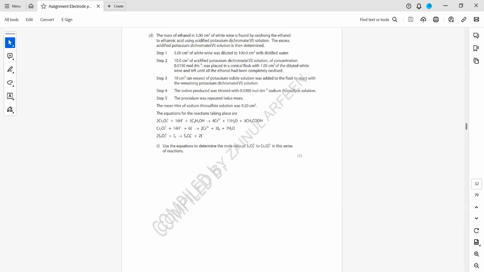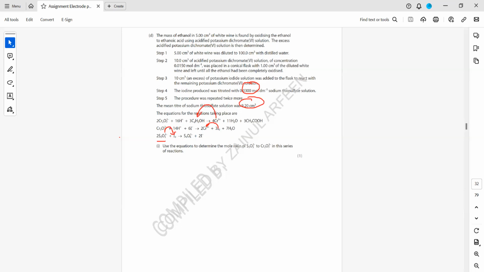As we have the mean titre and the concentration, we get the moles of thiosulfate. From moles of thiosulfate we get the moles of iodine, and from that the moles of dichromate, which you can also get directly. And from moles of dichromate, you get the moles of ethanol.